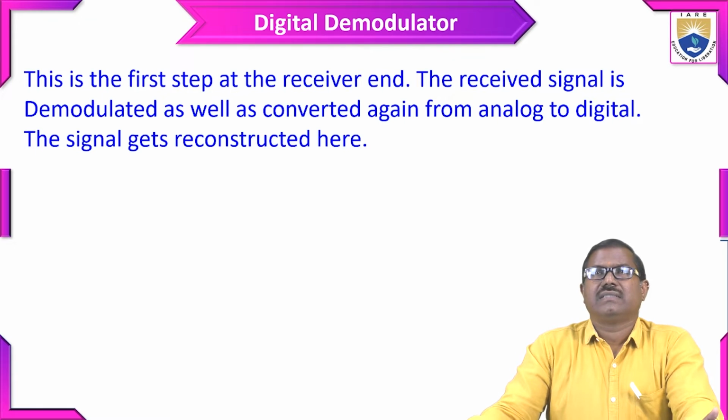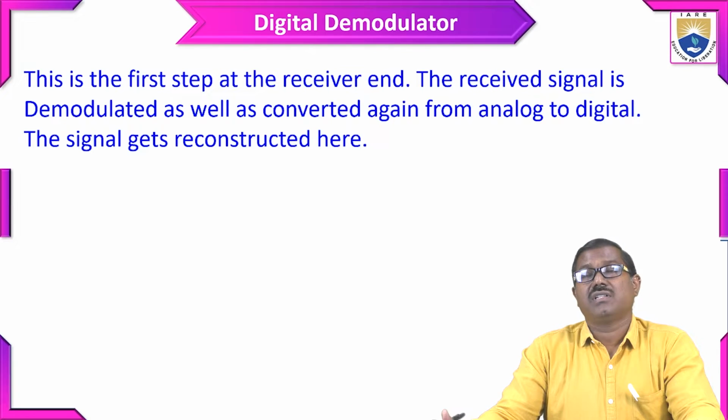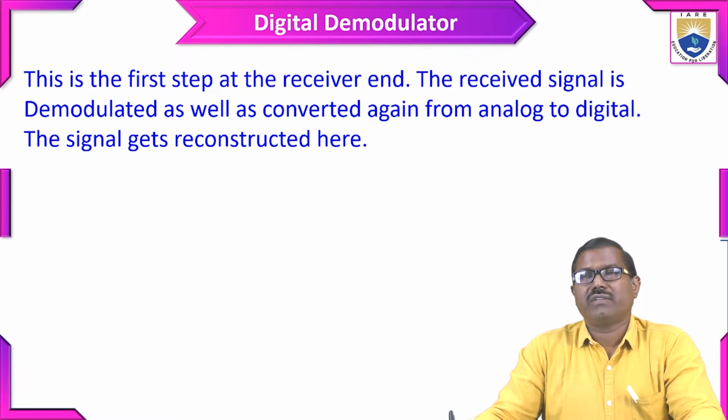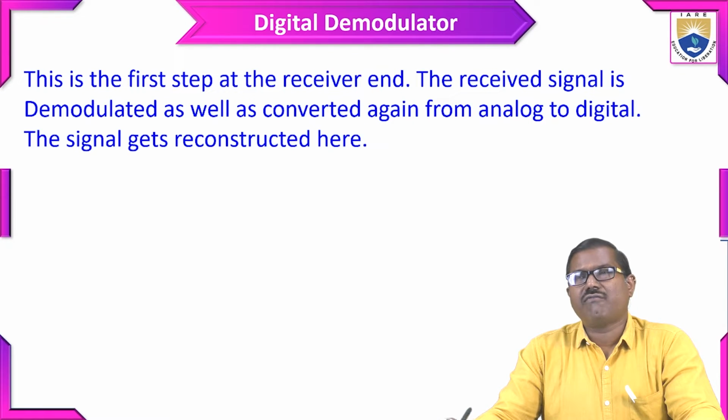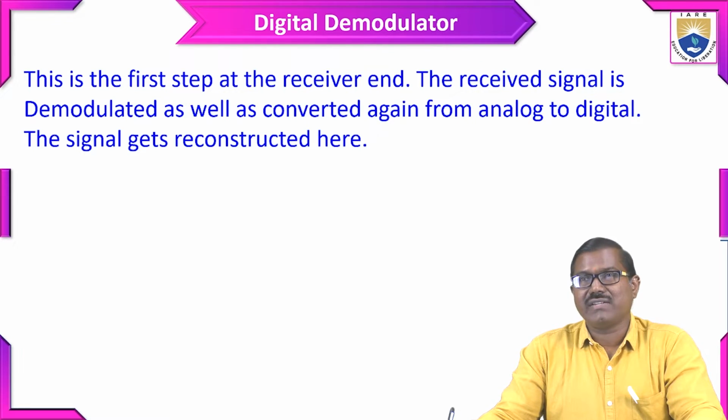And another one is the digital demodulator. This is the first block at the receiver, the first step at the receiver end. The received signal is demodulated as well as converted again from analog to digital. Why? Because in the transmitter, I'm converting digital to analog form, so in analog form the signal is transmitted through the channel and finally reaches the receiver.